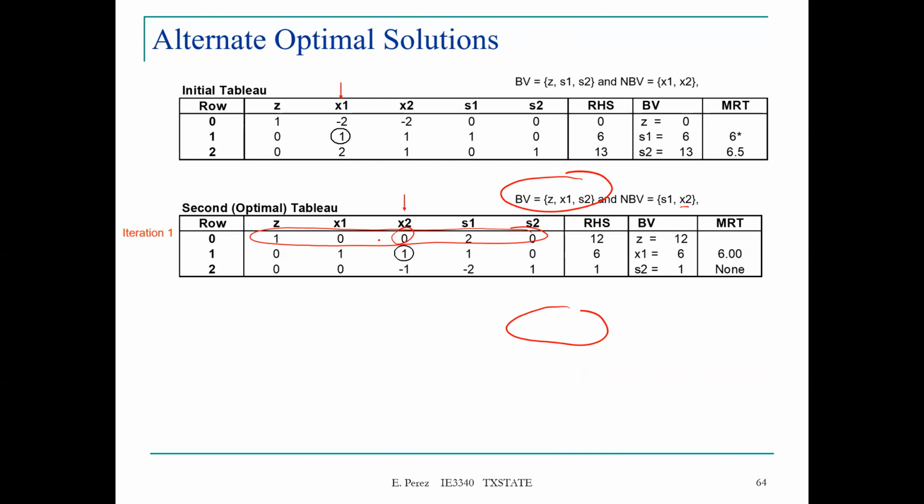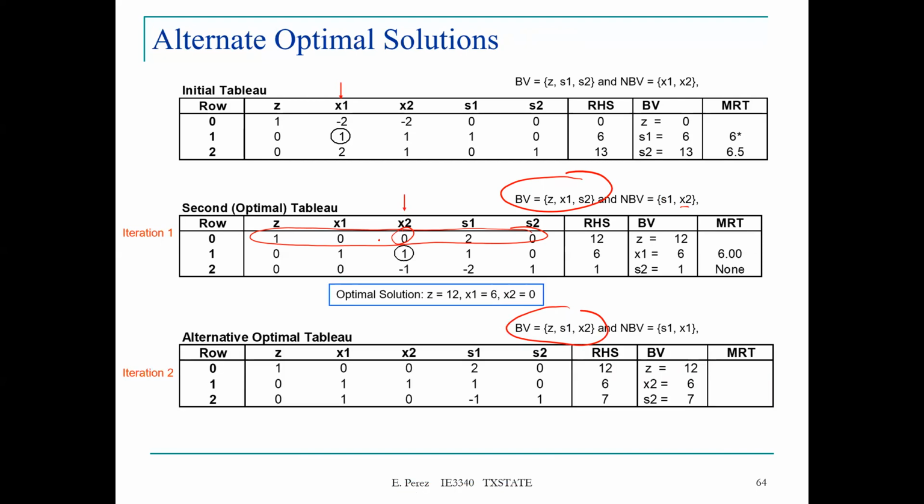So we found a 0 in row 0 for a non-basic variable, so let's enter that one. After entering that into the solution, we found that we still get the same objective function value of 12 with a different x value, which is x2 equals 6.